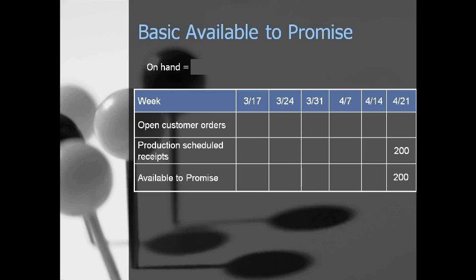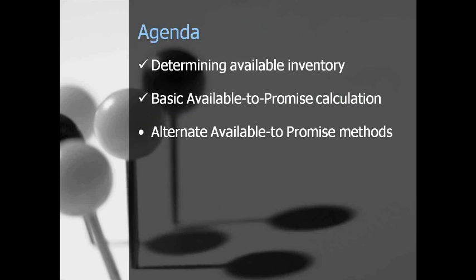So it's a standard calculation that is part of most ERP systems, and it is a tool to help us negotiate with sales and with customers to give them an accurate idea of what we can actually ship. So that's the basic available to promise calculation.